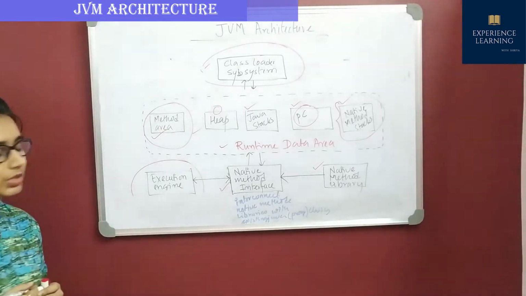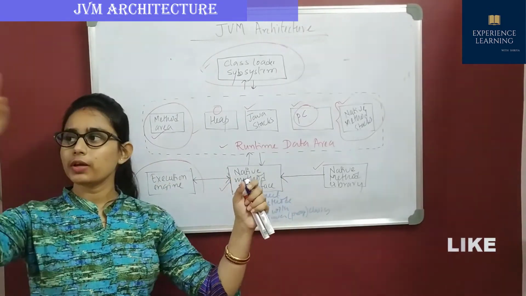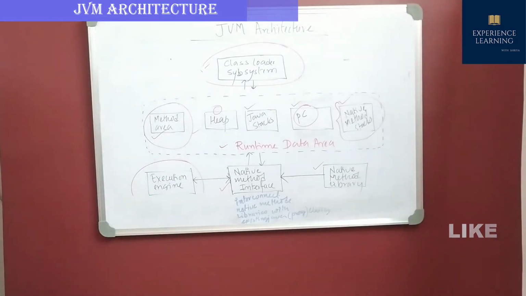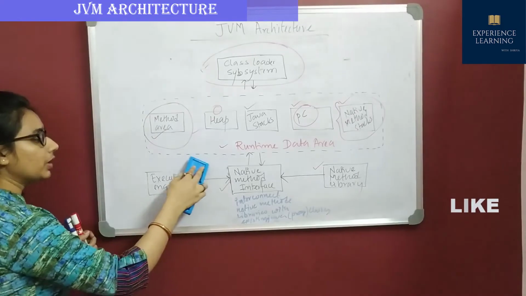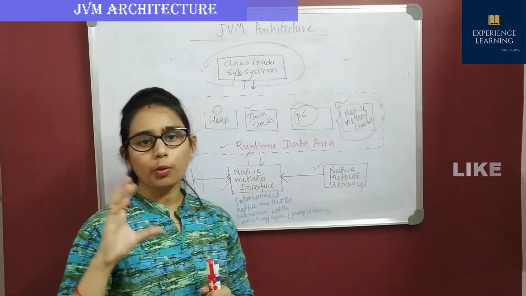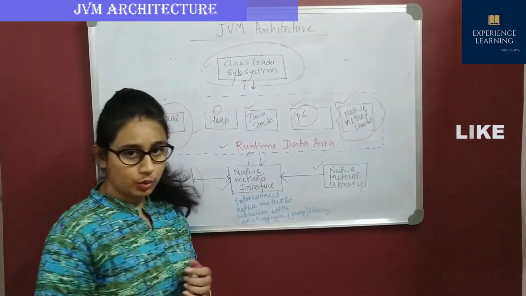The execution engine has to decide which code will be interpreted and which will go to the just-in-time compiler. So why is it known as just-in-time compiler? The JVM bytecode, we know, is an optimized intermediate code.